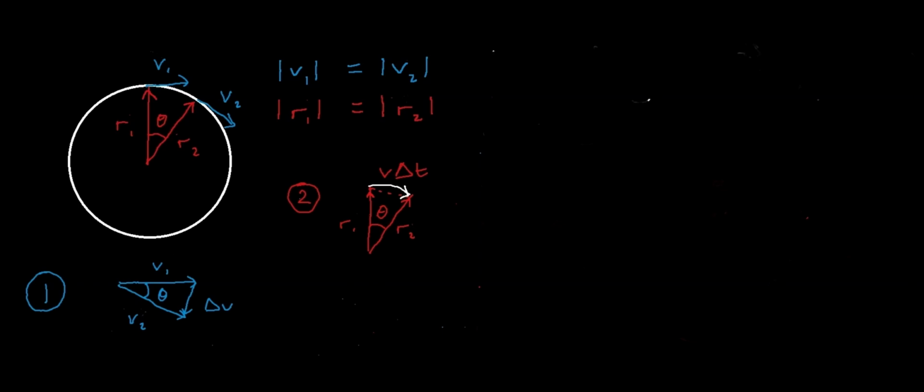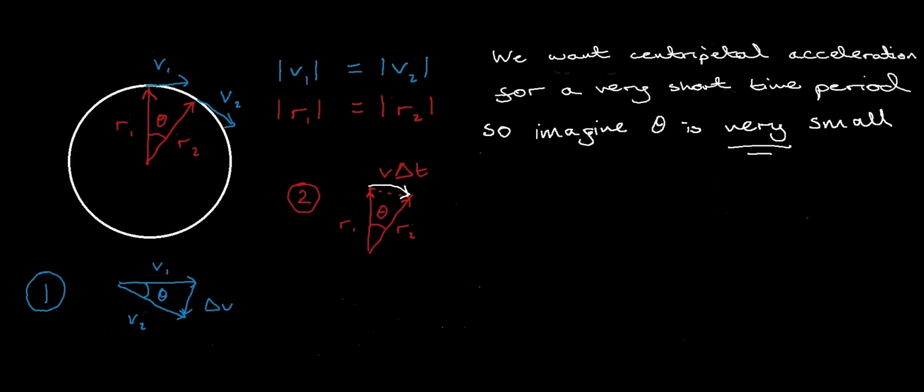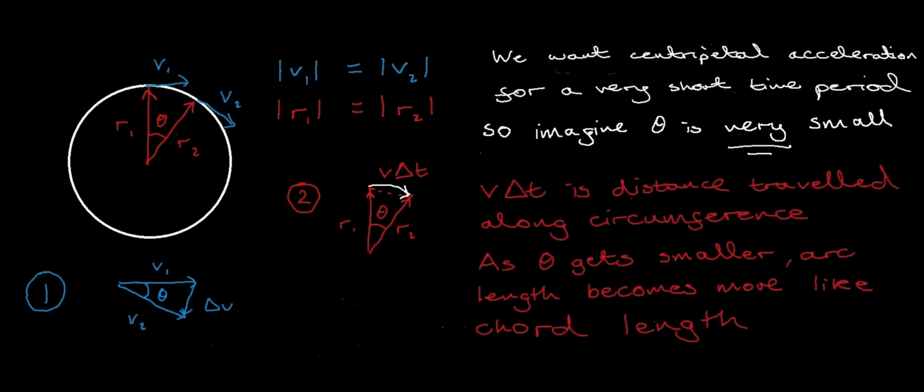The curved side will be the distance travelled along the circumference, which is just velocity multiplied by the change in time. Now, since we want centripetal acceleration for the smallest time frame possible, we can let theta tend towards 0. As this happens, we can let v delta t become the straight side of triangle 2, as the curved length will get closer and closer to the length of the chord.